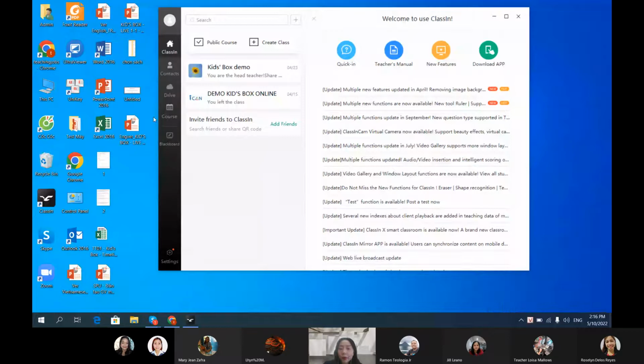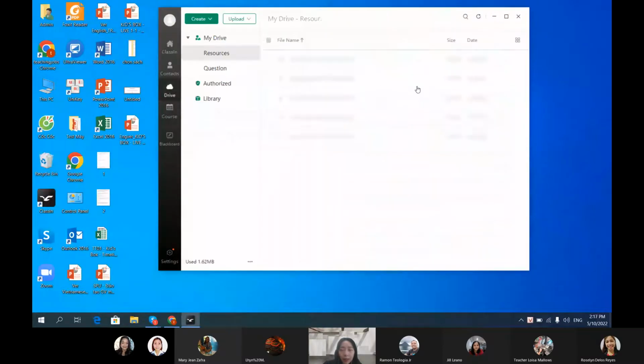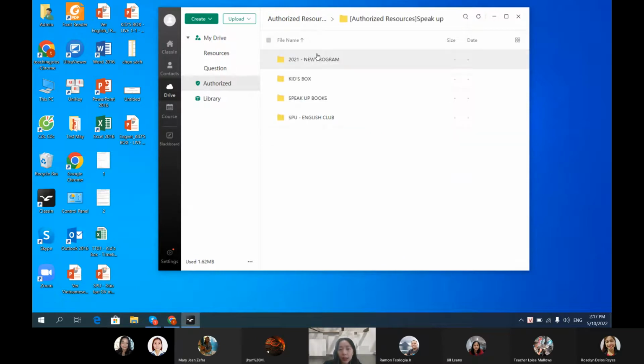So after I add your classroom account, you can access the Kid'sBox. For example, we still go to authorize and click on SpeakUp, and we choose the Kid'sBox one.